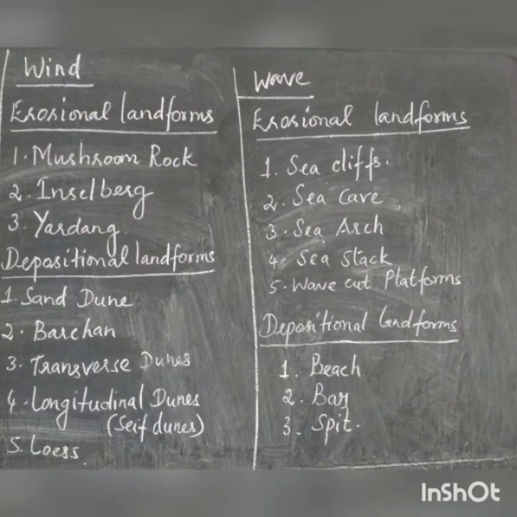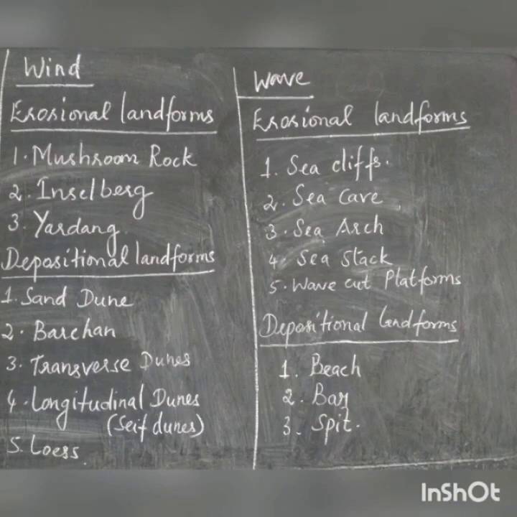Sea stack. Further erosion by waves ultimately leads to the total collapse of the arch. What remains looks like a pillar of rock. We call it a stack. For example, the Old Man of Hoy in Scotland.